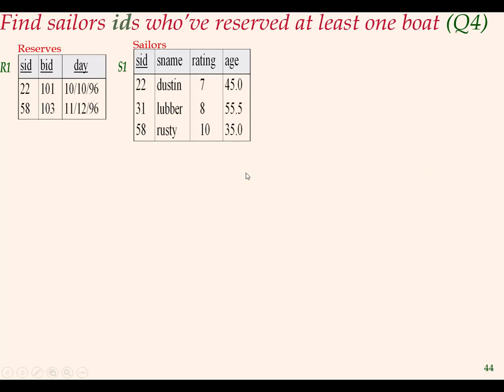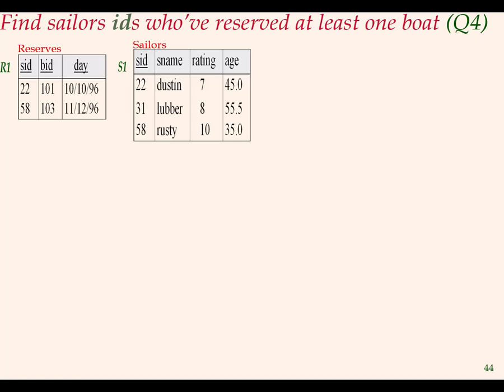Okay, let's answer. So I have 2 instances, sailors and reserves. I want to find a sailor ID who has reserved at least one boat. Okay, so the thing is, if you actually do a join, you are only returning the sailors that have a reservation, right? Output relation, how many attributes? 1.